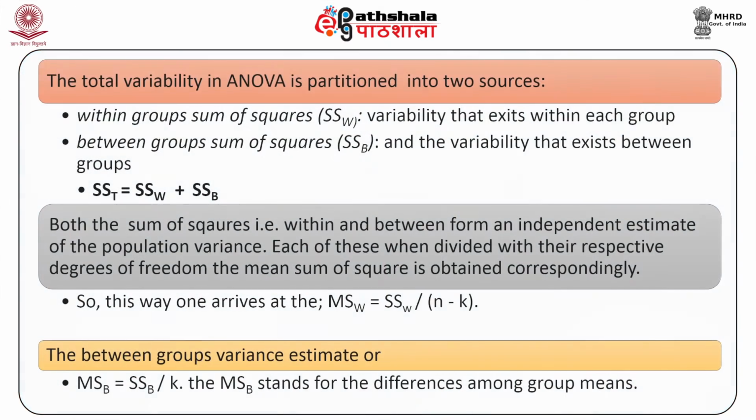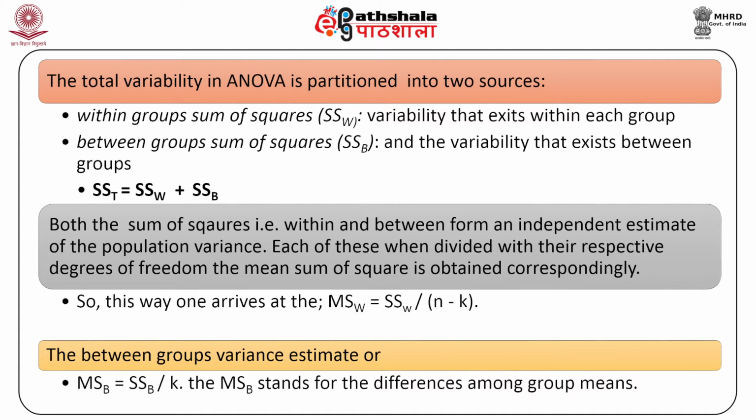Formulae in one-way ANOVA. ANOVA partitions the total variability of the data, that is SST, into two sources: the variability that exists within each group, called the within-group sum of squares, and the variability that exists between groups, called the between-group sum of squares or SSB.